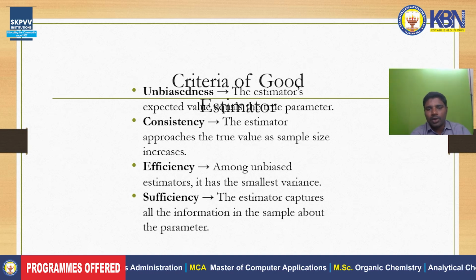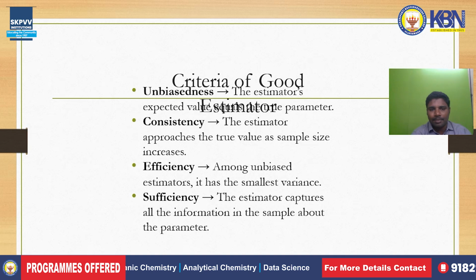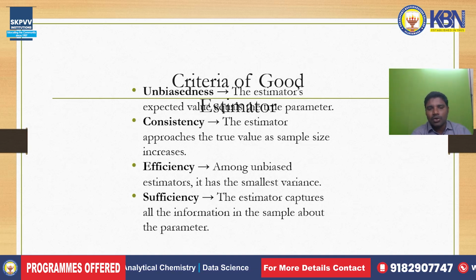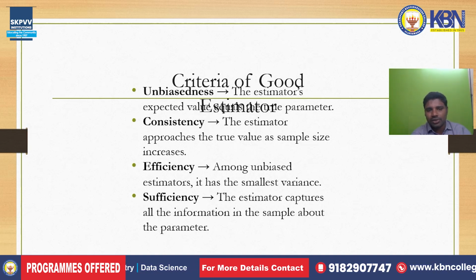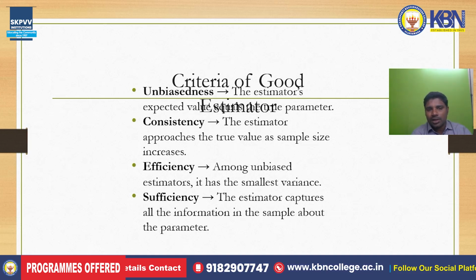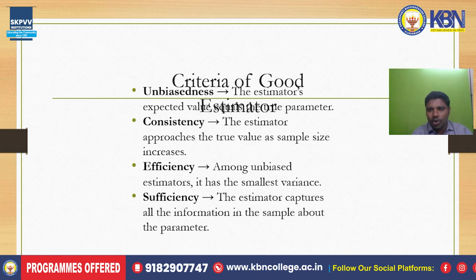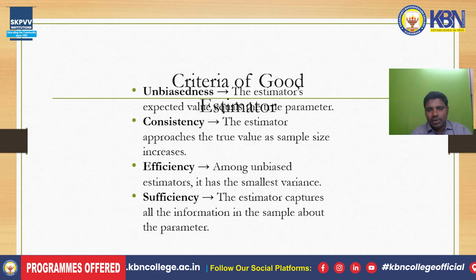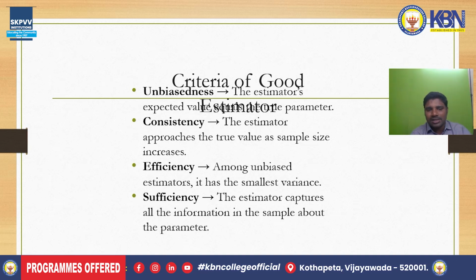Efficiency applies when there are two or more unbiased or consistent estimators, for example sample mean or sample median; to find the best estimator, we come to efficiency. The estimator with minimum variance is called the efficient estimator. Sufficiency means the estimator captures all the information about the population parameter in the sample.